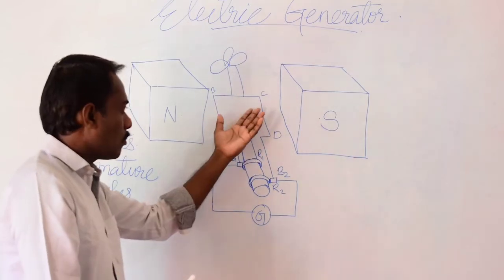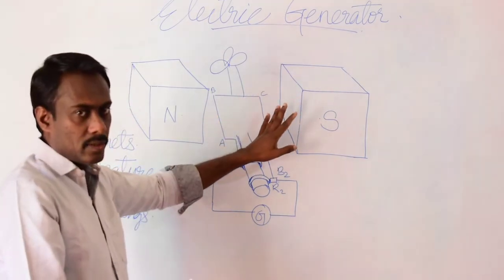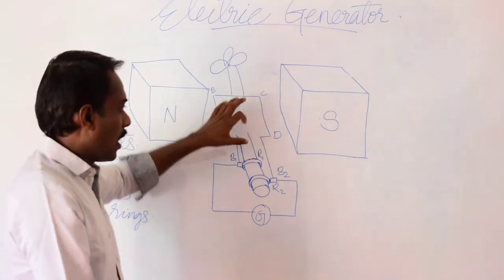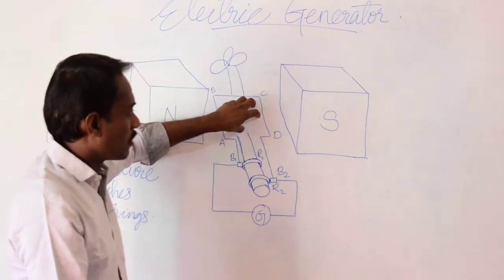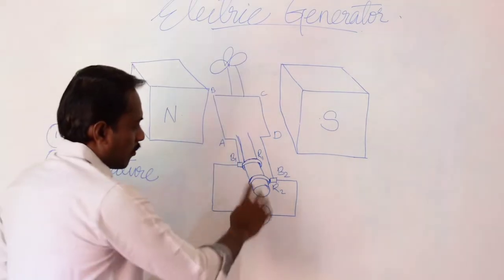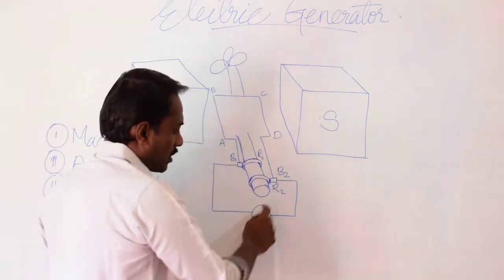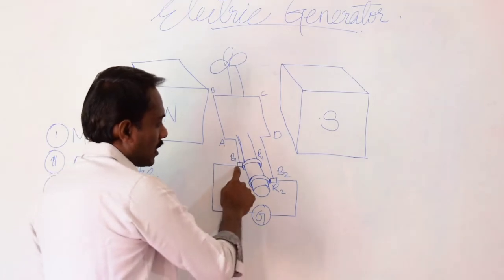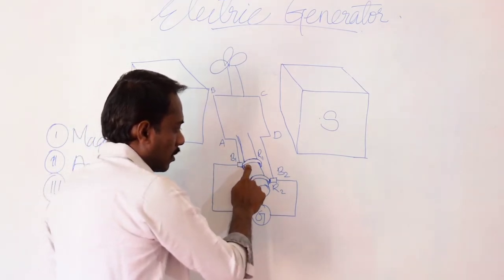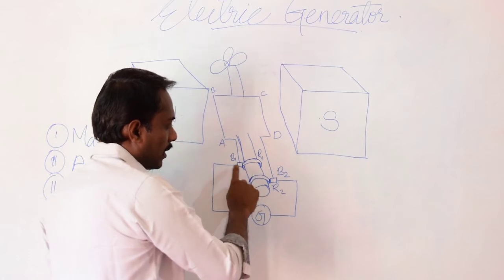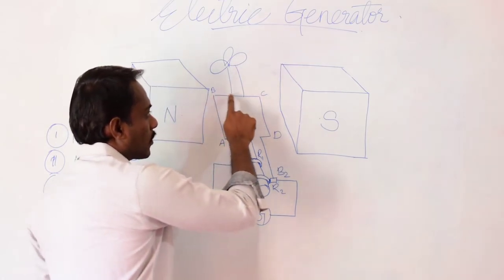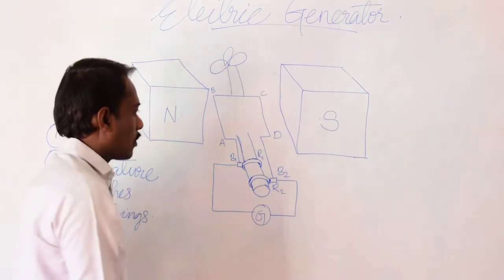When a coil moves in a magnetic field, there is a change in the magnetic flux, and that change will produce an induced current in the circuit. When it rotates, the induced current is produced as the brushes come in contact with the rings, and a small electric current flows through the circuit.